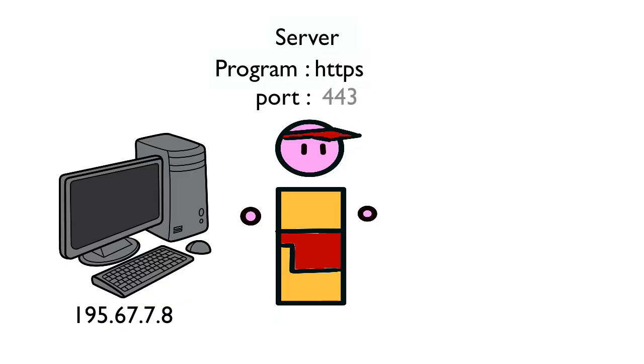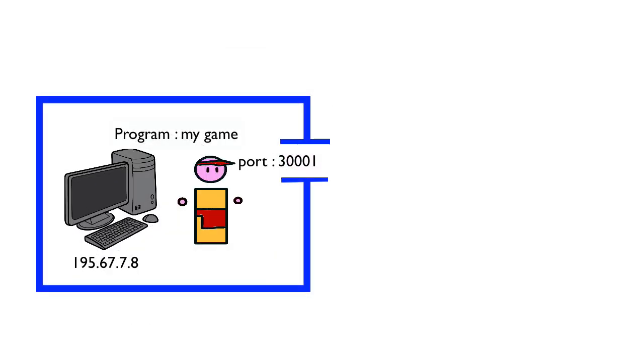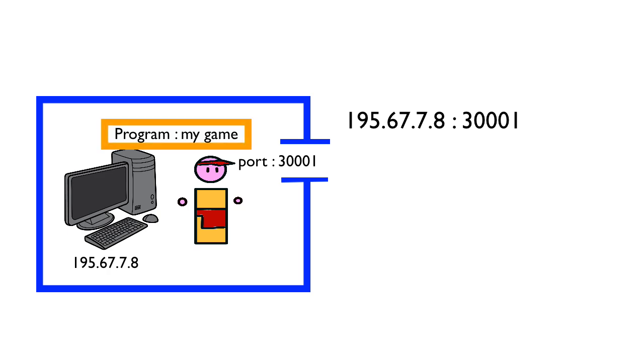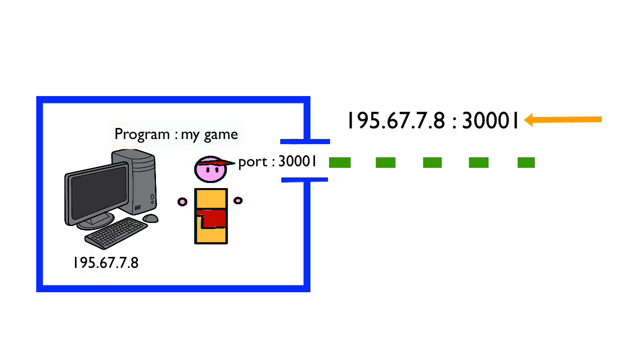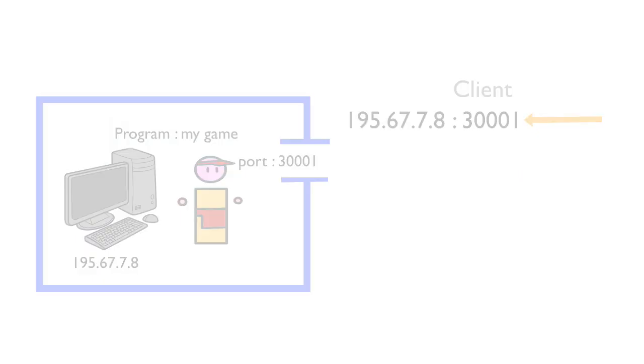Secure web pages use port 443. In other cases, the person running the server publishes the machine address and port saying effectively, if you want to run my program, or play my game, or use my service, then send data to me at this address on this port. I'll be sitting here waiting for messages whenever you are ready.